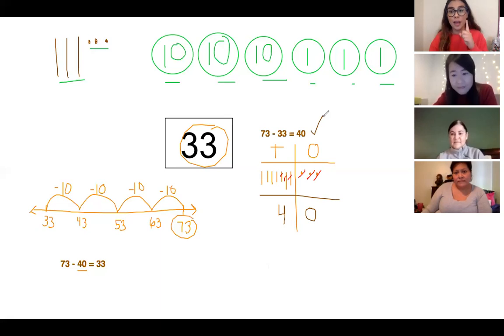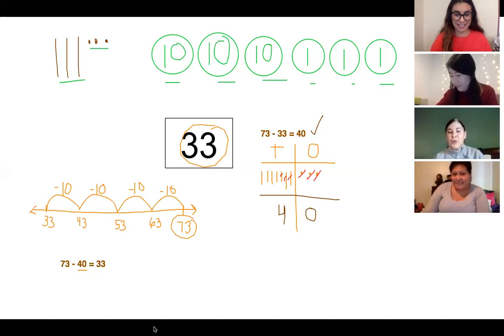So that's one other number sentence we can create, but I think we can also create 2 addition sentences, because a fact family has 2 subtraction sentences and 2 addition sentences. So what is an addition sentence that we can create with 73, 33, and 40? Ms. Hernandez.